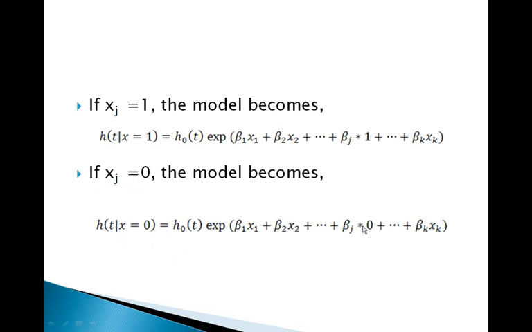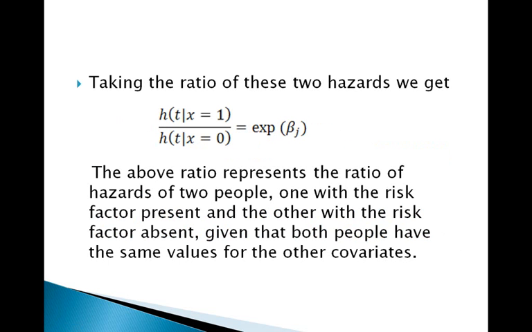When x sub j is 0, 0 is in place. Therefore, this beta sub j goes away, and we're left with just beta sub j1. And in particular, when we look at a ratio of these two things, we are left only with the exponentiation of beta sub j because all of the other things cancel out.